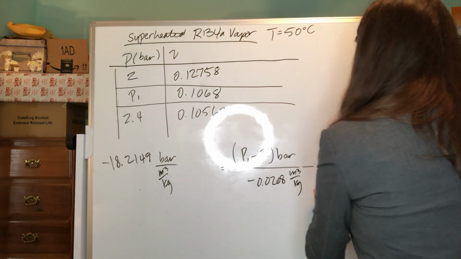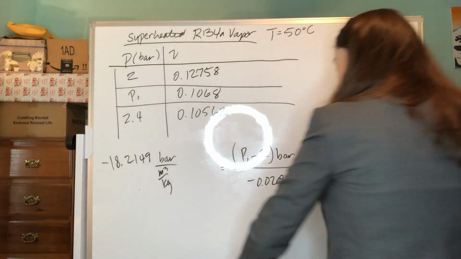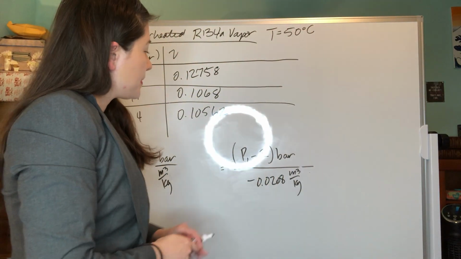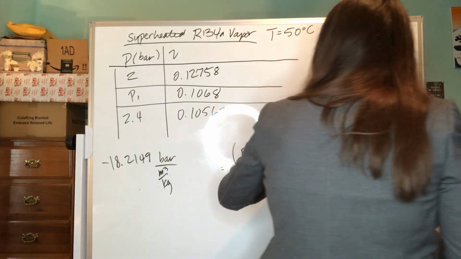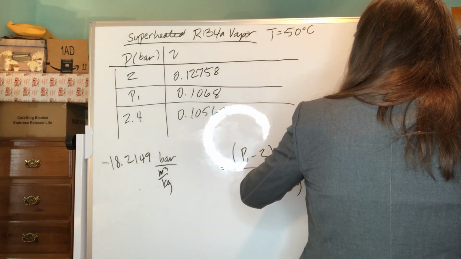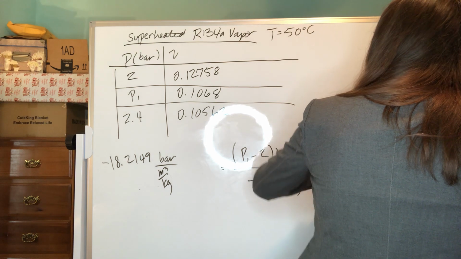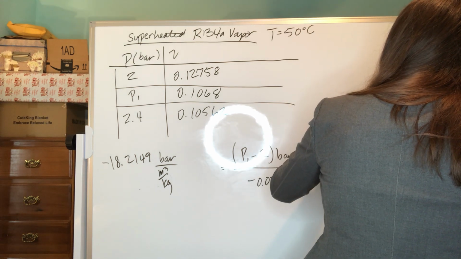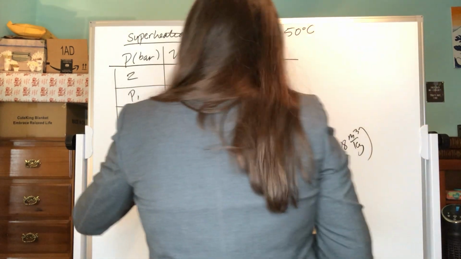And then you want to get rid of this fraction, right? So we just multiply both sides by negative 0.0208 meters cubed per kilogram.